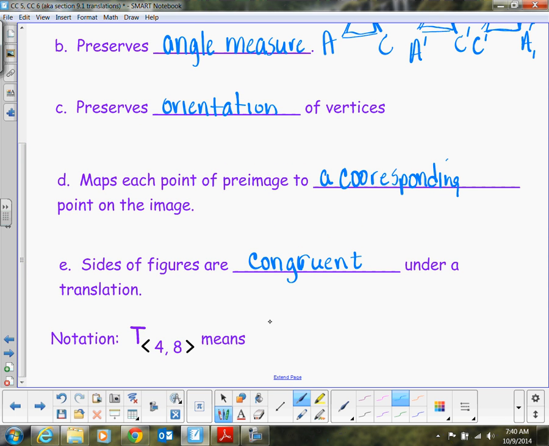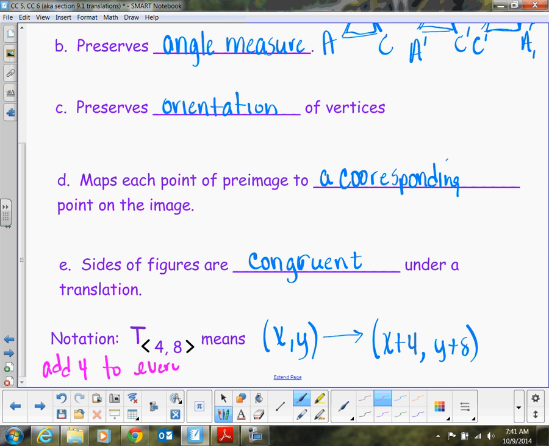So this notation means (x, y) becomes (x plus 4, y plus 8). I'll make it even more explicit. It means add 4 to every x value and add 8 to every y value.